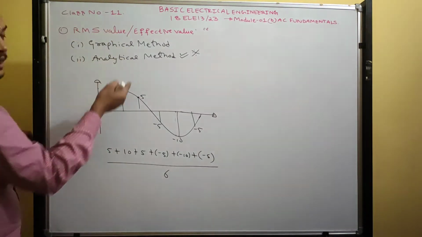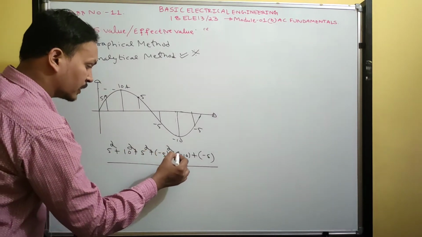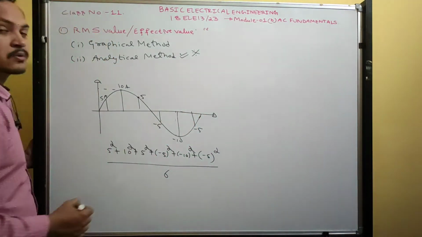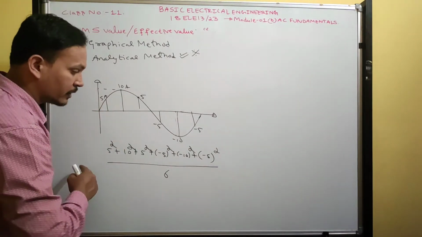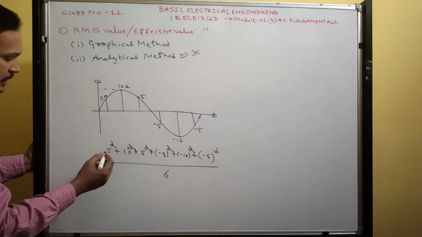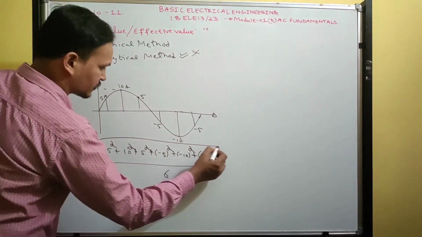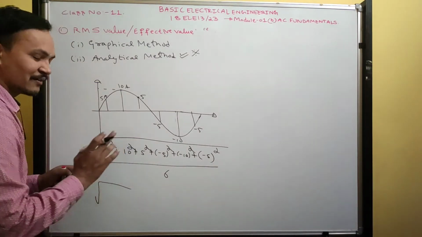But for mean square we should take all the square values. The instantaneous values are squared, divided by the number of instants, and then we put a root over this entire thing. That becomes the root mean square value.